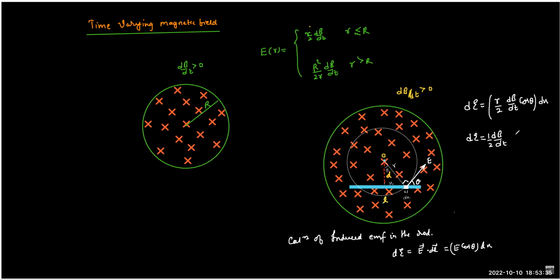How much is R cos theta? If you look carefully, R cos theta is D. Exactly. So I'll substitute in the next step. What is interesting here is that this only depends on dx, since everything else is constant.